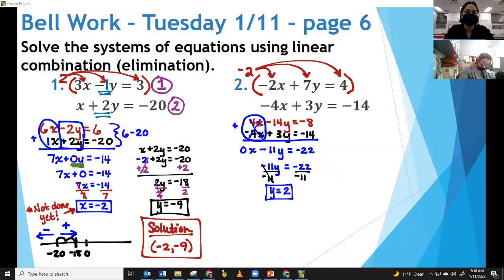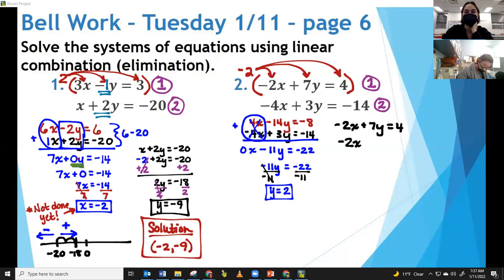We still need to go back in and figure out what our X value is. So give me either a 1 or a 2 in the chat to tell me which one you would like to use. First equation sounds good. All right, so I'm going to have negative 2x plus 7y equals 4.